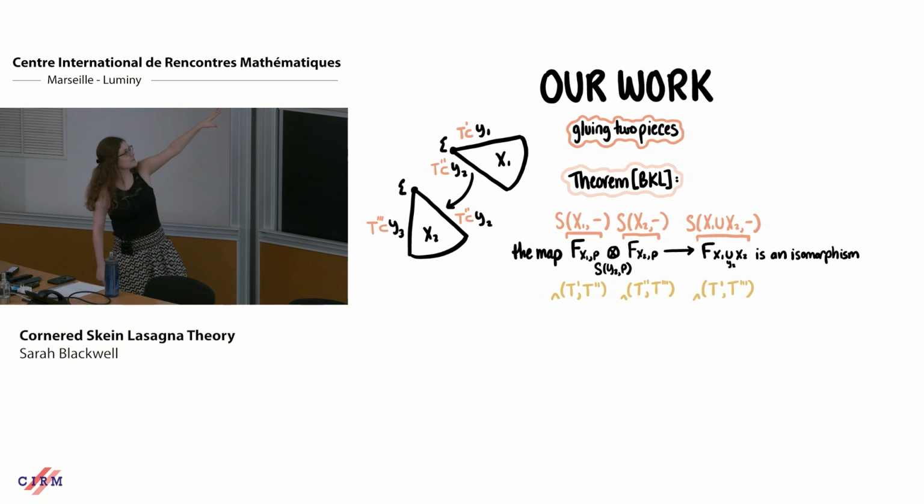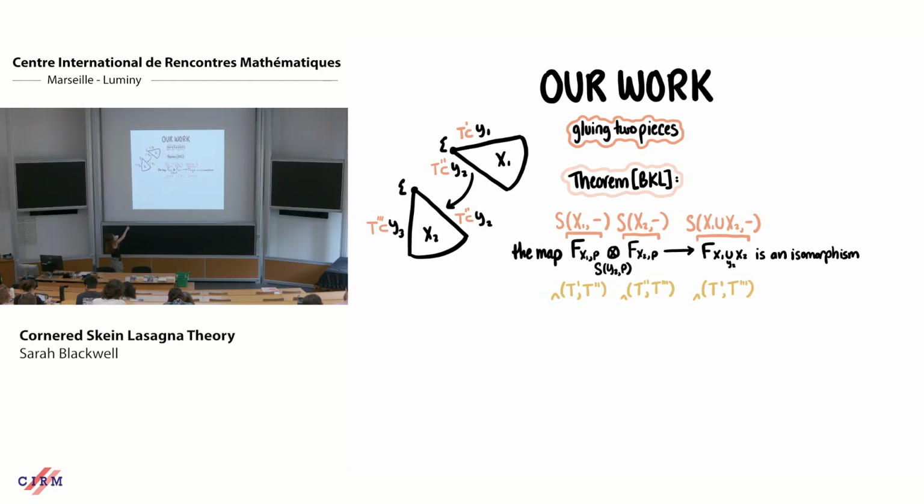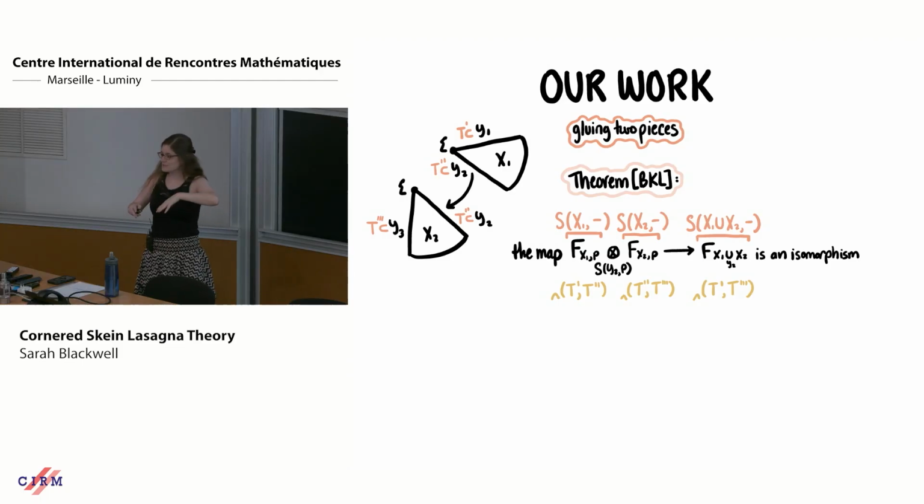So what I have written up there is just a rewrite of the statement of the theorem. This notation is a little bad, but with the yellow I was just trying to show what tangles I'm inputting into the Skein Lasagna modules. You should really think of T prime and T triple prime as fixed, and I'm varying across different choices of T double prime.